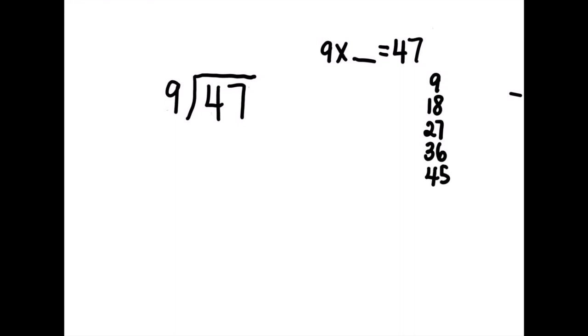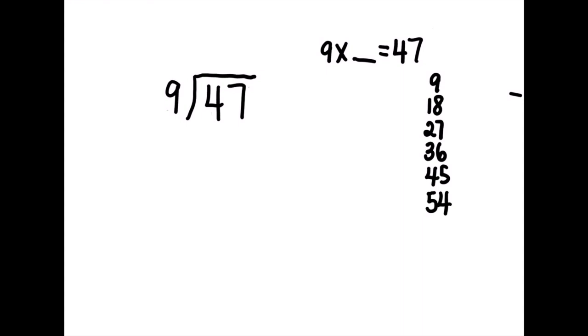Okay, so here we have the equation 47 divided by 9. So what is our first step? Our first step is to figure out 9 times what number is closest to 47. The easiest way is to go through our 9 times tables. So we have 9, 18, 27, 36, 45, 54.